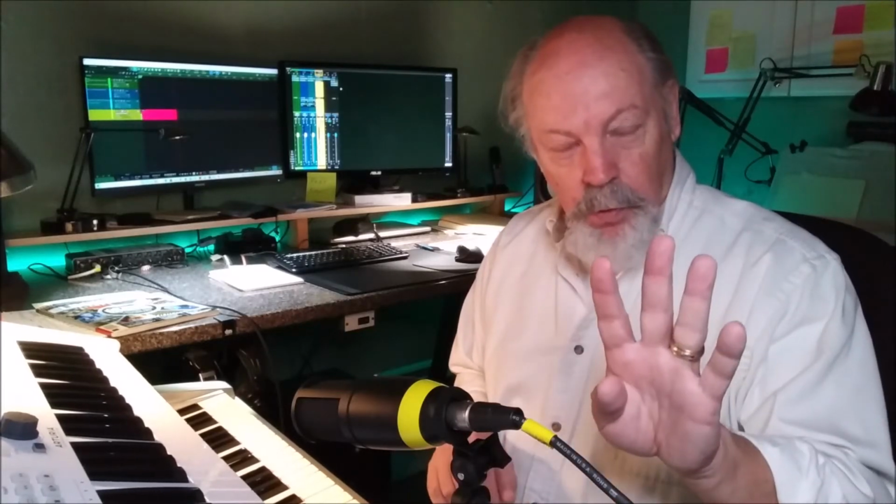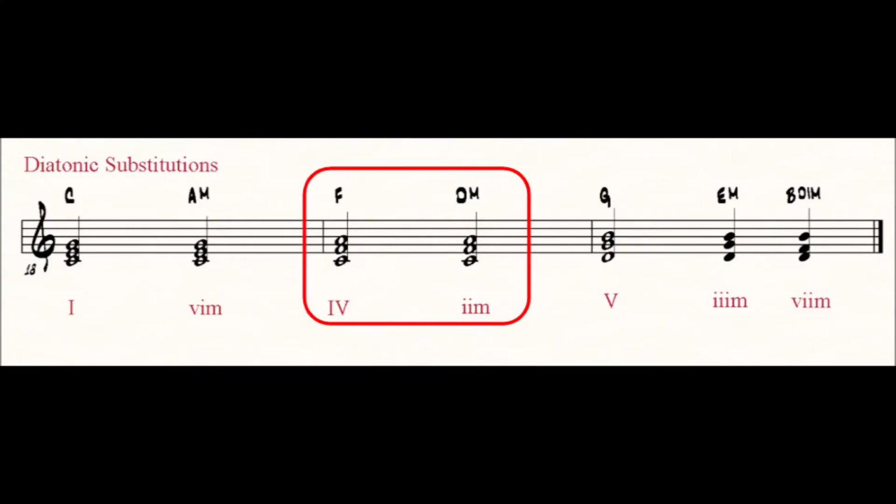Now if I go to the 4 chord, we're going to do major to minor substitutions. If I go to the 4 chord, which is an F, and again I take the 5 and I raise it up a whole step. Again, the F and the A are still there, defining the F major chord.